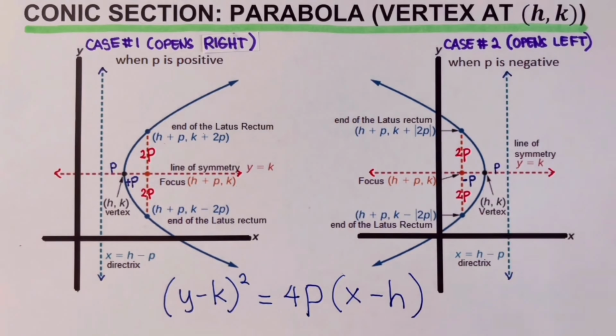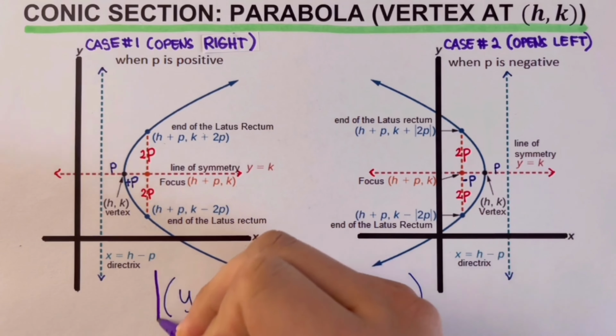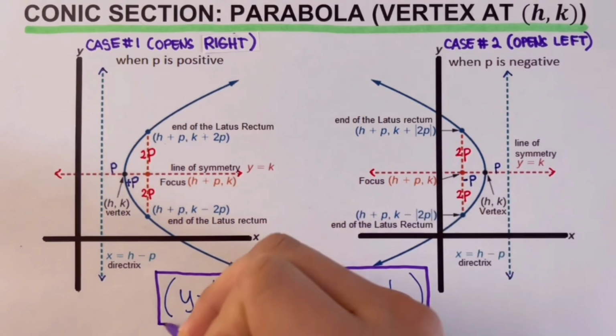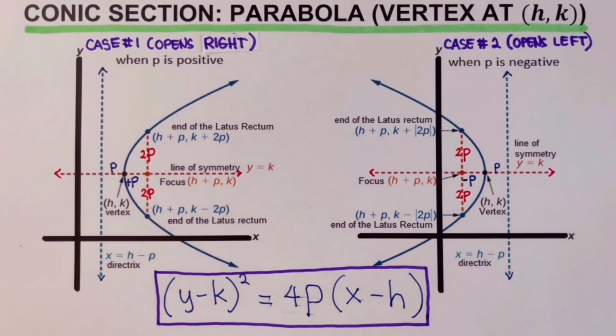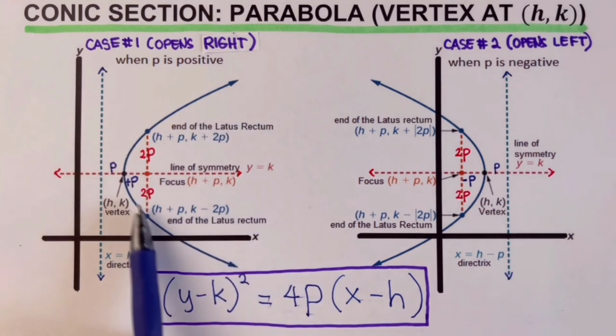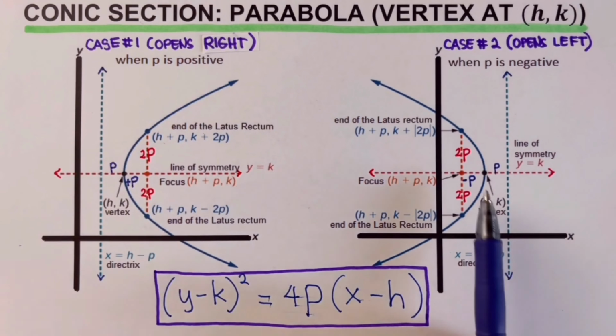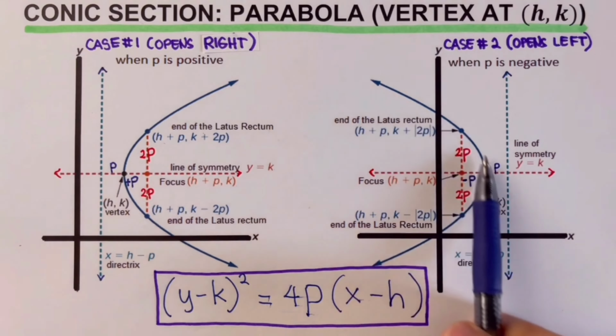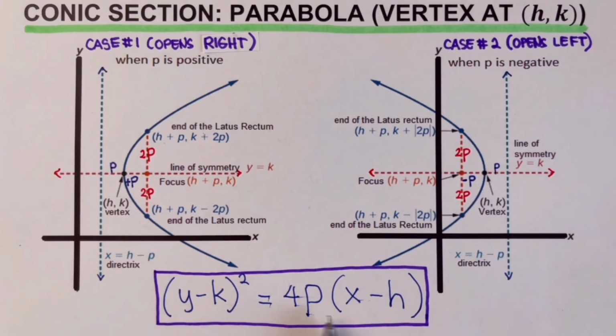So this is the equation that would work for these 2 cases. We remember that the sign of p matters between these 2 graphs. Whenever p is positive, it opens to the right. If p is negative, it will open to the left. So they're pretty much the same thing, but p matters because it determines where the parabola opens.